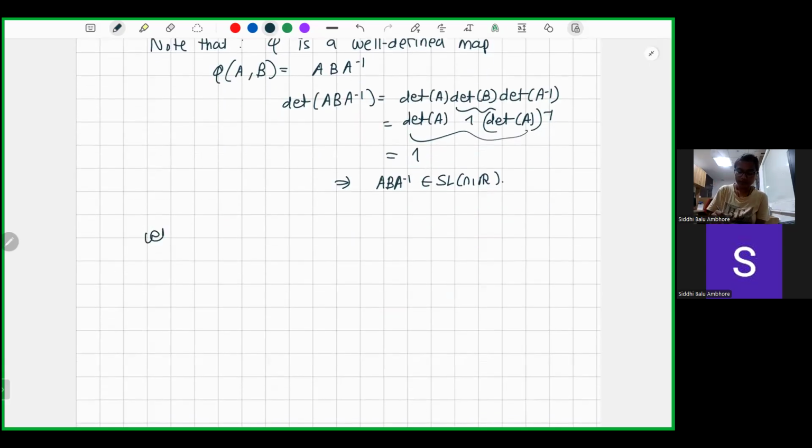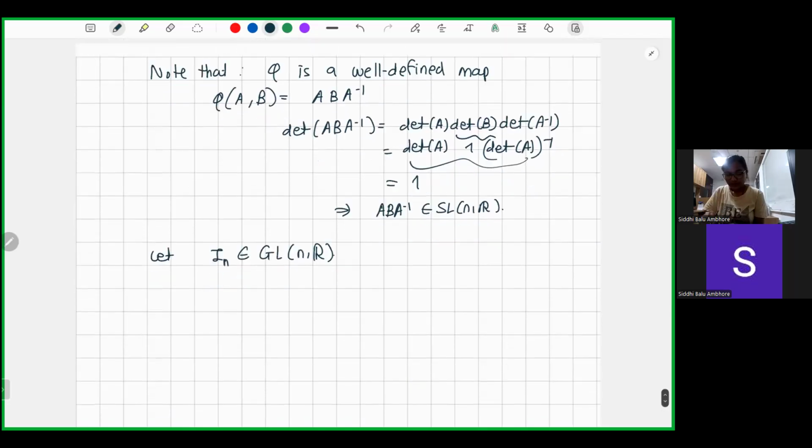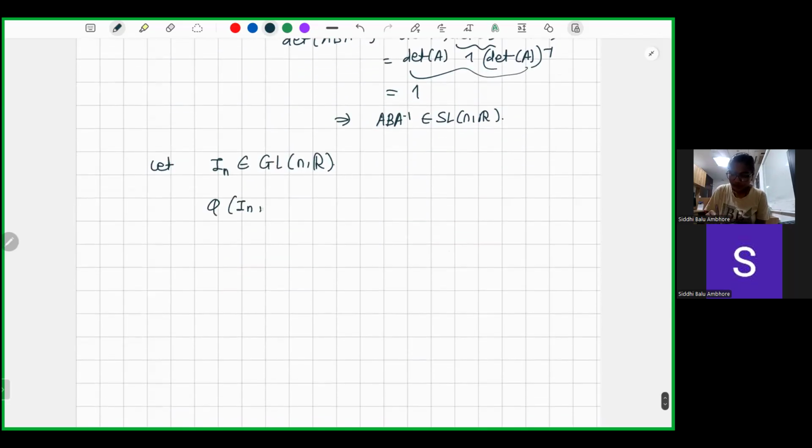So now let the identity element IN belong to GLNR. We know that under multiplication this is my identity in GLNR. And what is phi of IN comma B, where B belongs to SLNR?